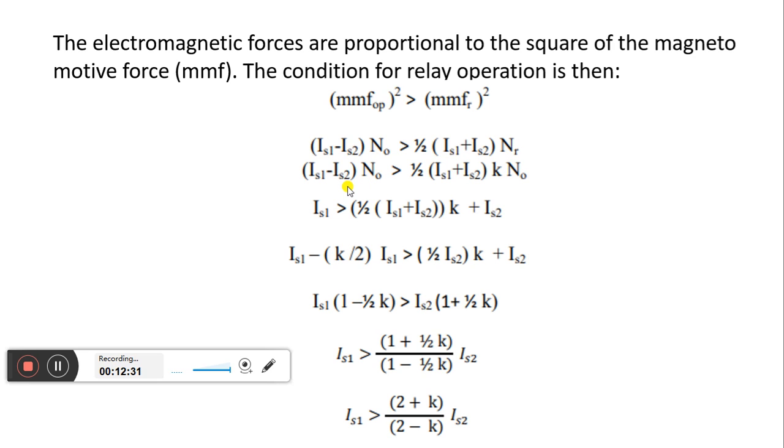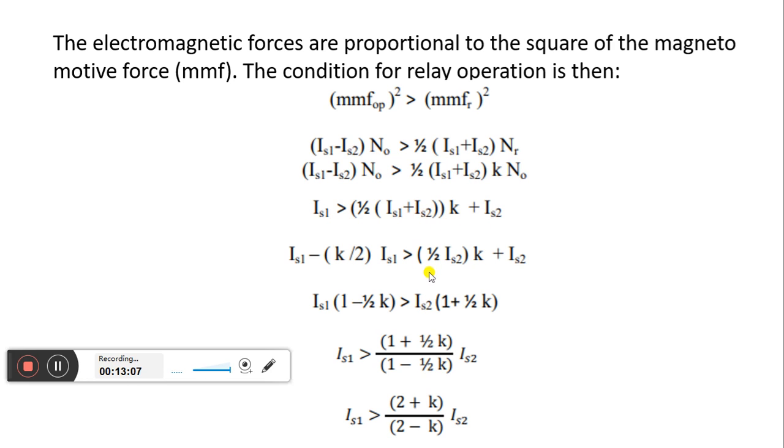Or we can write here that (IS1 minus IS2) N0 must be greater than half of (IS1 plus IS2), and here we have replaced NR by K N0, as we have defined a fixed ratio between NR and N0. So we have replaced this NR value with K N0. Further we can rearrange these terms: IS1 should be greater than half of (IS1 plus IS2) K plus IS2.